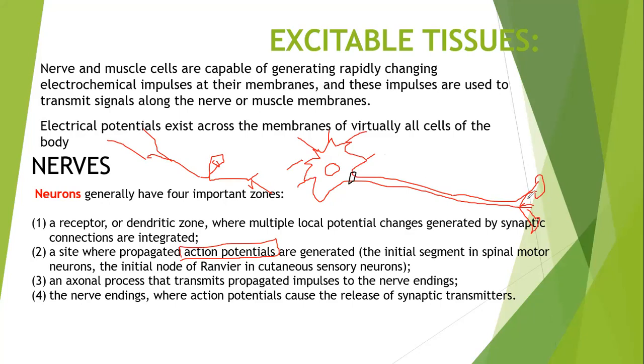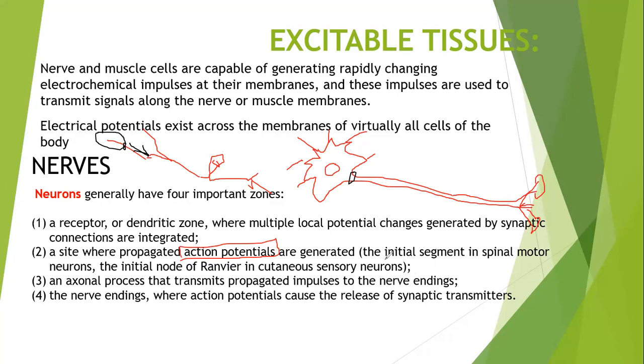which is then propagated. If you don't have an axon hillock, for example, in a sensory neuron, you find that the first area has a specialization which allows it to initiate an action potential. That area is what we call the initial segment.